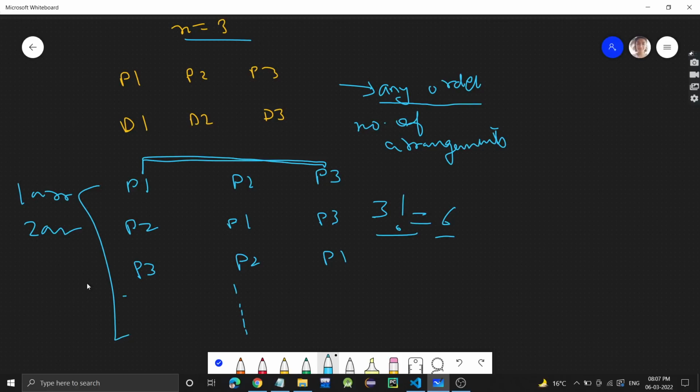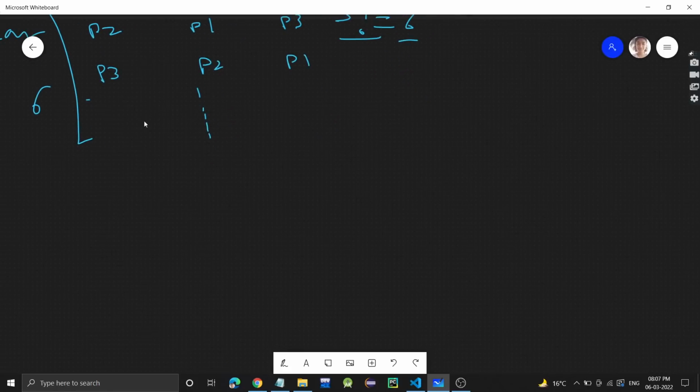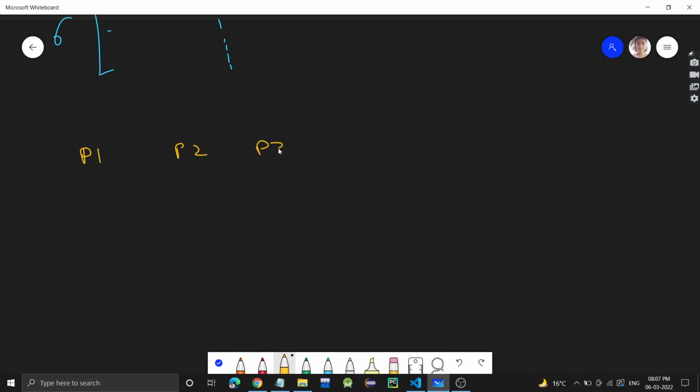So let's say I am picking this first one only, pickup arranged as p1, p2, p3.